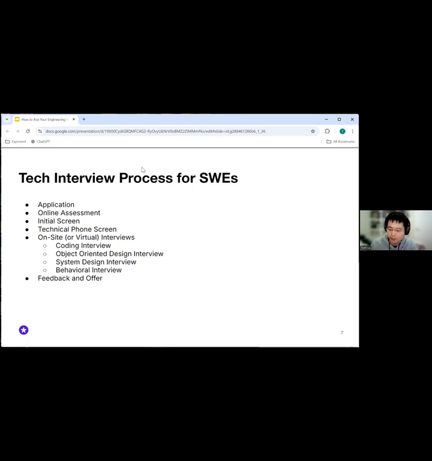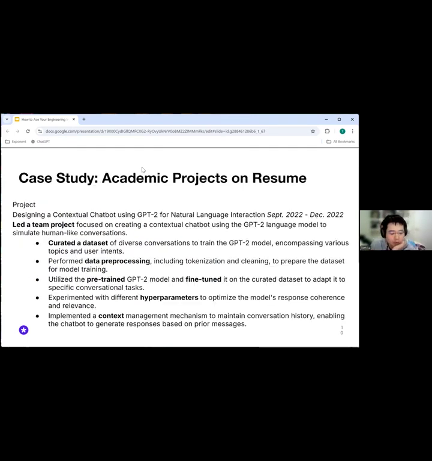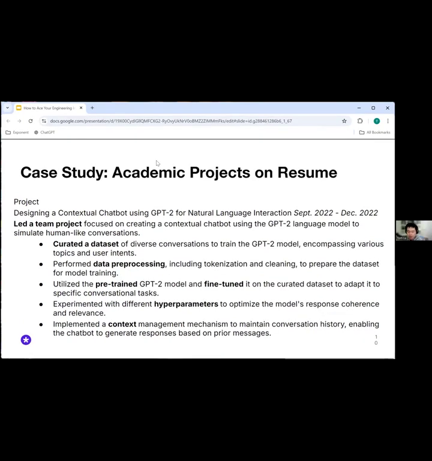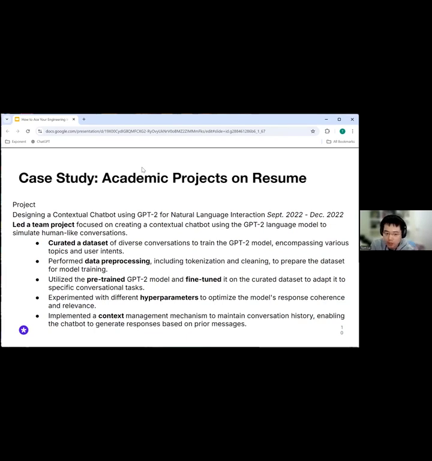lead to an offer. So one common fear from my students is they think the academic project is shallow compared to industry projects, and the quality is unknown, right?